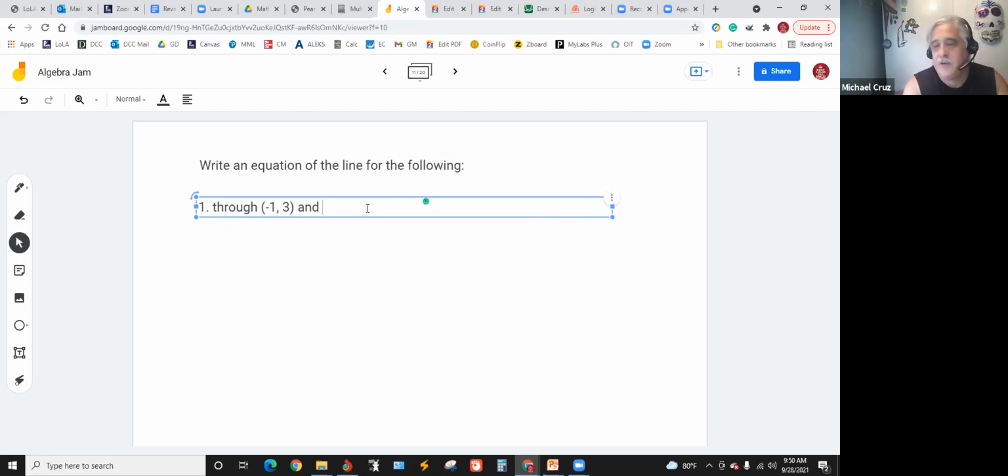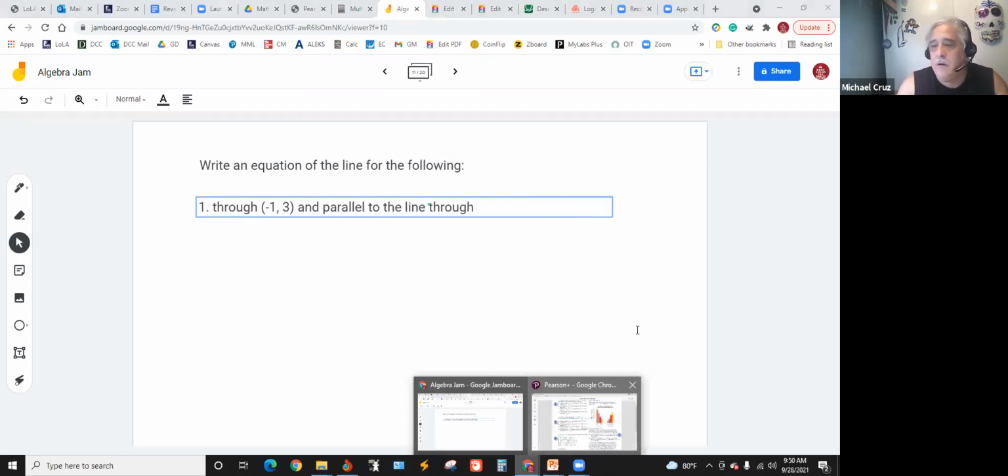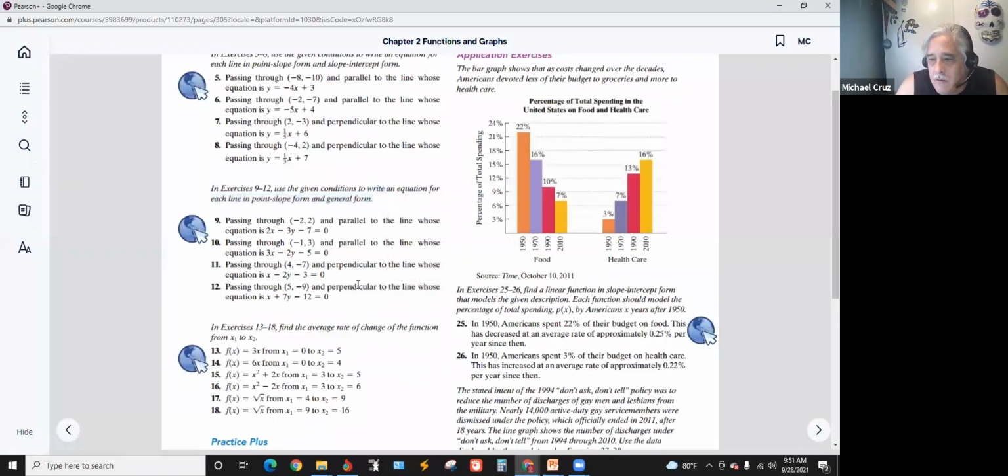And then they have to give you a slope, or they're going to say parallel. And what did they give us? 3x minus 2y minus 5.